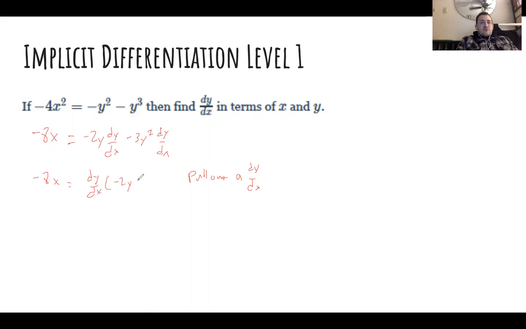We get a negative 2y minus 3y squared. And then get dy dx by itself.